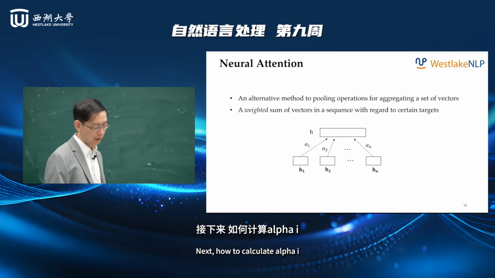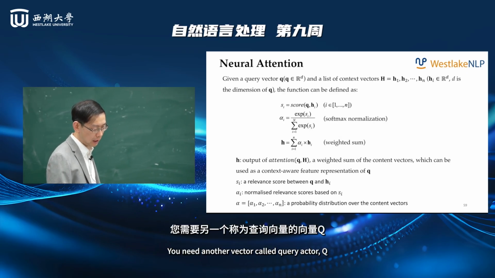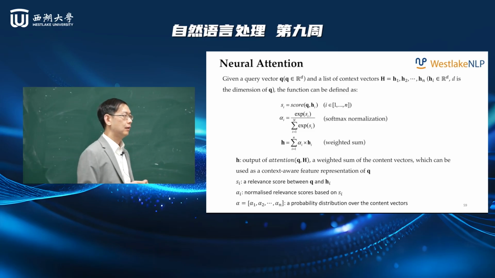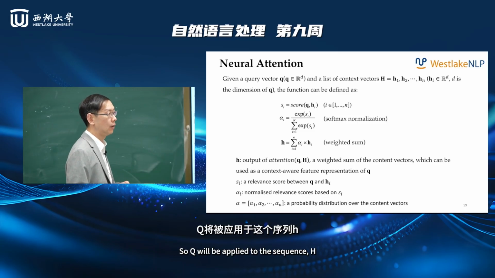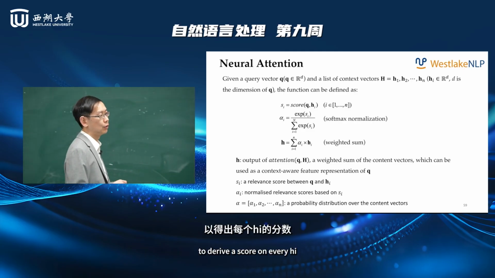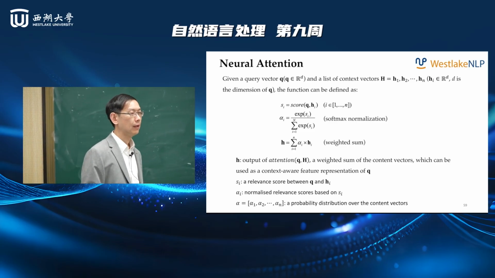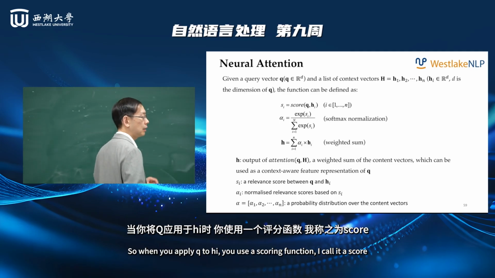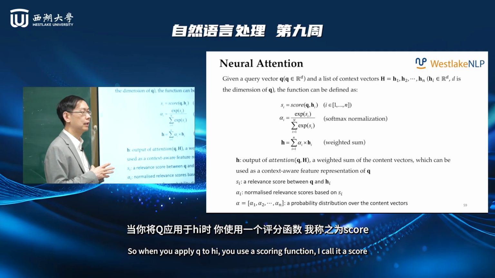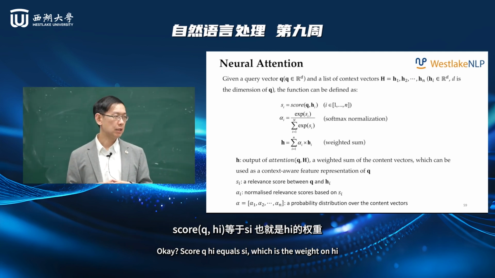Next, how to calculate alpha_i? You need another vector called the query vector, Q. Q will be applied to this sequence H to derive a score on every h_i. When you apply Q to h_i, you use a scoring function, which I call score: score(Q, h_i) equals s_i, which is the weight on h_i.